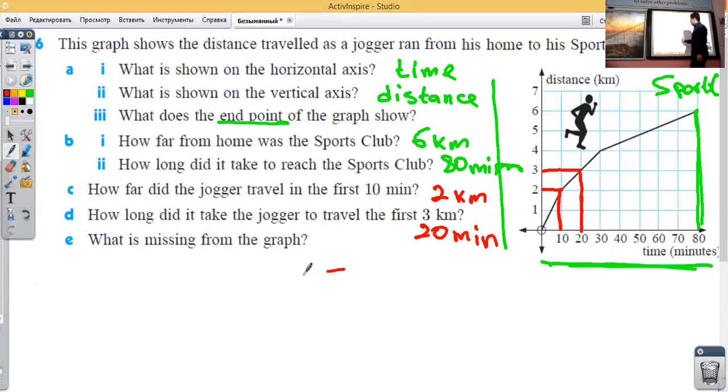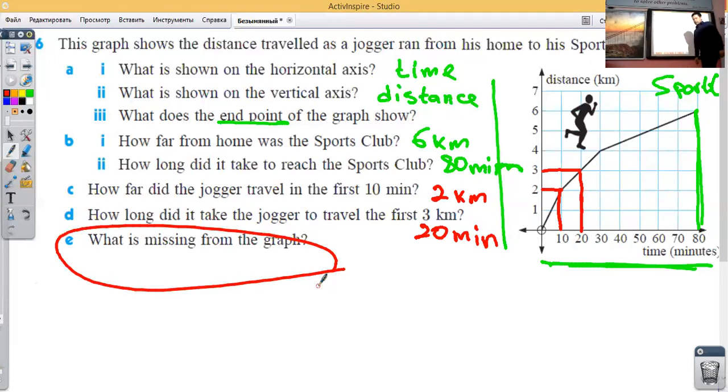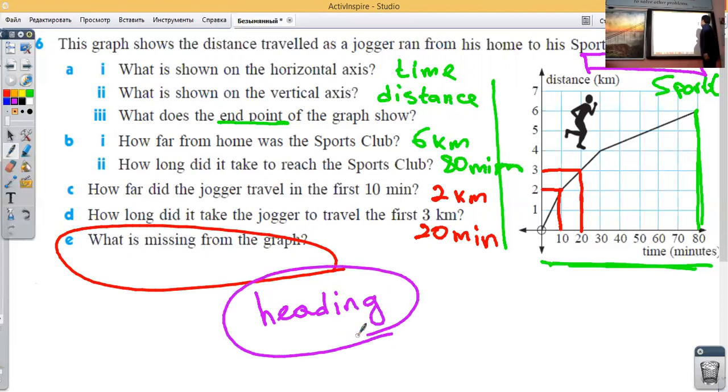And the last question, what is missing from the graph? Title. Title is missing here. It's not written here. So the answer is heading. Heading means the title at the head of graph.